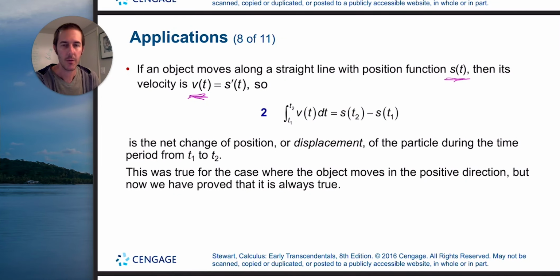This is another example. My analogy, I think, was if I get in the car and I drive 25 miles to work and then I drive 25 miles home, if I were to integrate that on an interval that represents my entire day, my total distance traveled would end up equaling 0, because I would have some sort of positive amount of distance traveled on my way to work, and then I'd be at work, and then I would drive home, and if I find the area under this curve, it's going to end up being 0, as long as I didn't take a detour on the way to or from work.